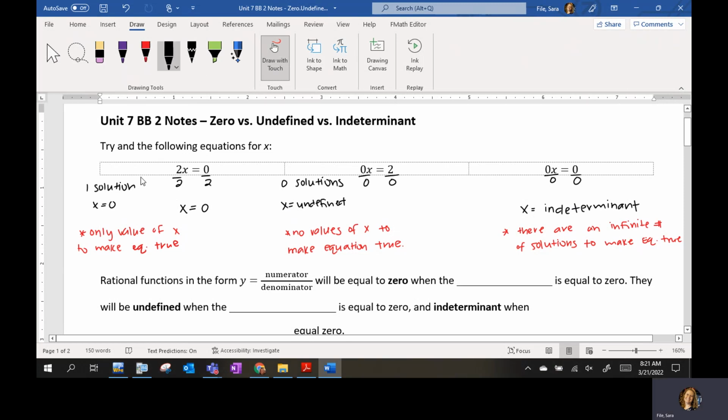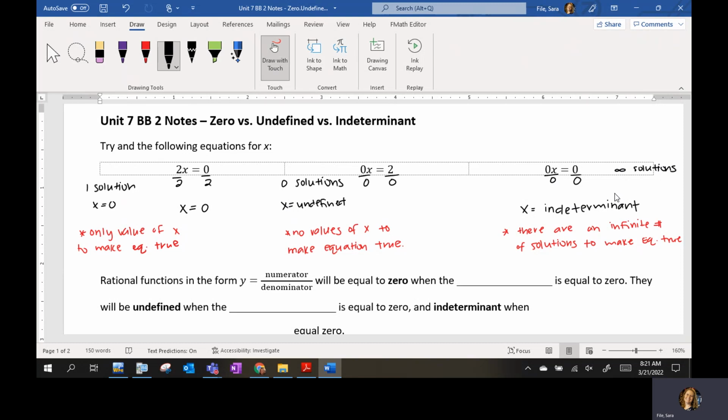I'll put this aside because I said there's one solution here, there's no solutions here, there are infinite solutions here. And would that make sense? If I plugged in a 1, is 0 times 1 0? What if I plugged in a 2? Is 0 times 2 0? So you could plug in infinitely many numbers and this would still be true, right?